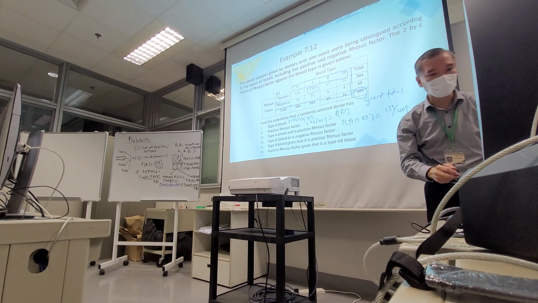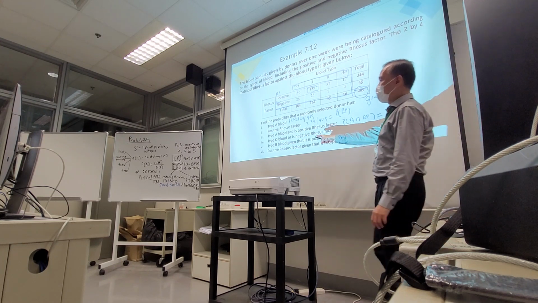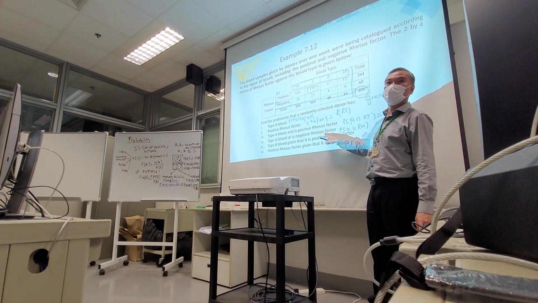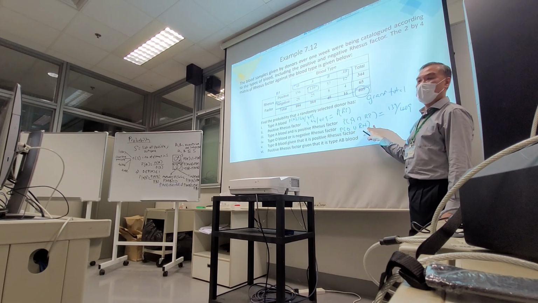The next one, then you need the formula. What do I want to find? I want to find the probability of O union RN. Correct or not? That means I want to find the type O, or negative resonance factor, which is probability of O union probability of RN.